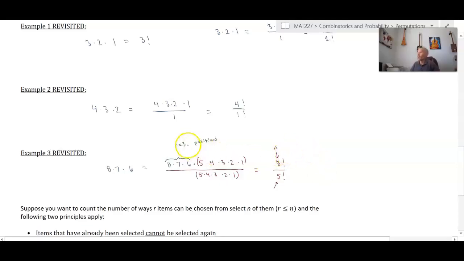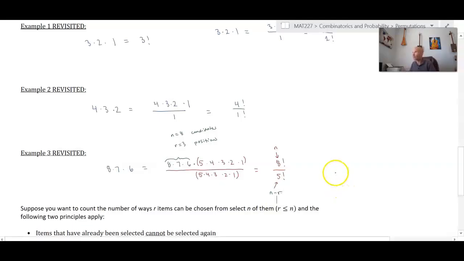So if I have 3 positions to fill, but I have n equals 8 candidates, then notice that 8 minus 3 will tell me how many extra factors I don't have in the numerator that I need to divide out if I'm going to write 8 factorial in the top. So this 5 is actually the quantity n minus r.